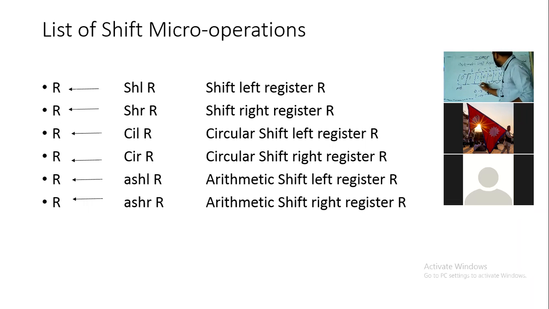This bit moves to this location, this bit moves to the next, and in arithmetic right shift the last bit remains in its own position and also moves to the next position.